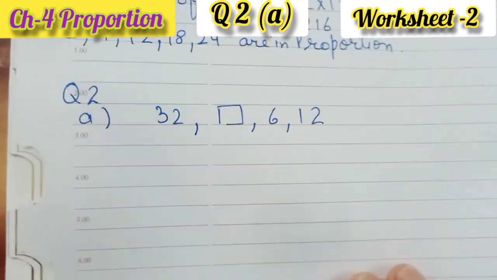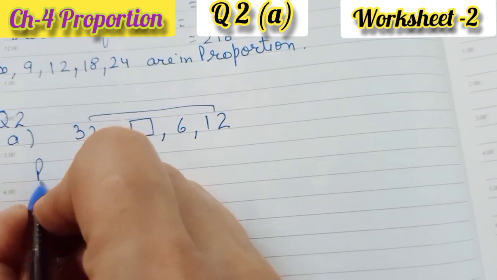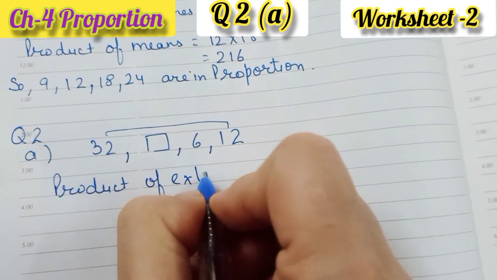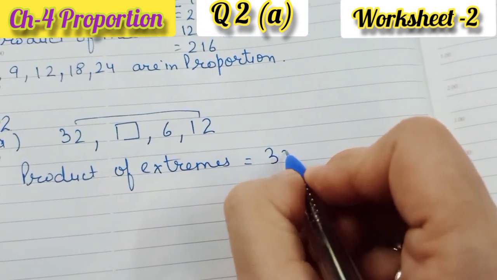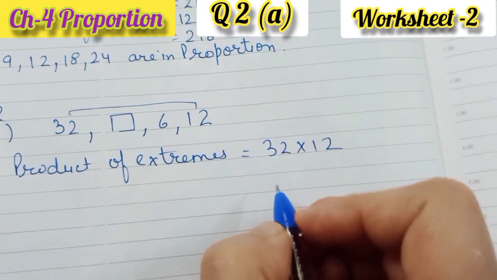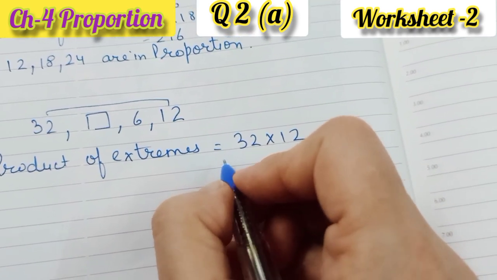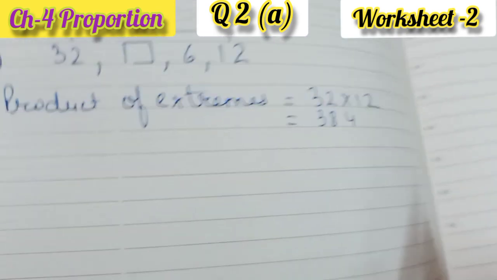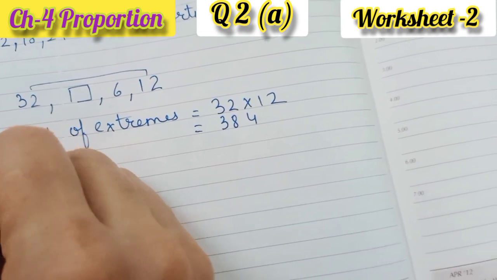Now here means are not given, extremes are given. Both extremes are given, so find the product of extremes. We will find 32 into 12. It is 384.